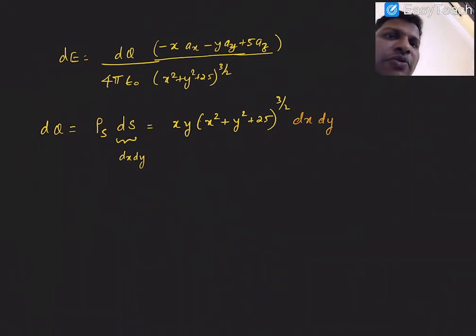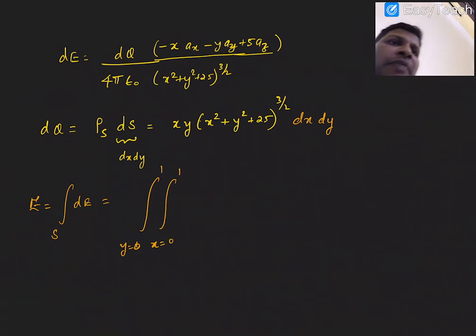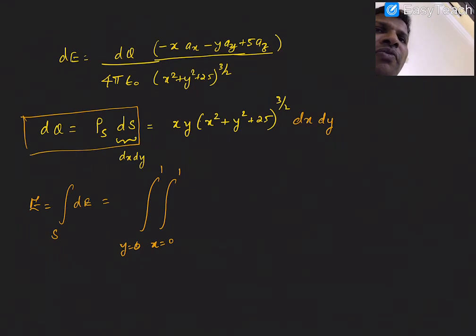So we can now find the equation for electric field. It is the integral over the whole surface of dE, where the surface is nothing but x changes from 0 to 1 and y changes from 0 to 1, as we have seen in part A. And you know what dq is? dq has this form. We will put this value for dq in the above equation.